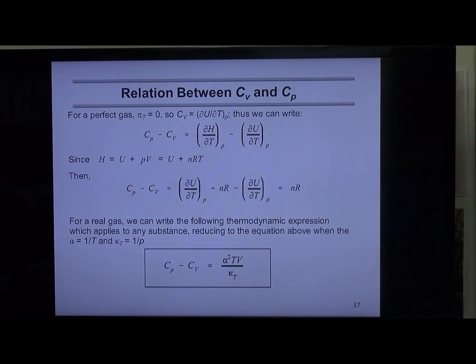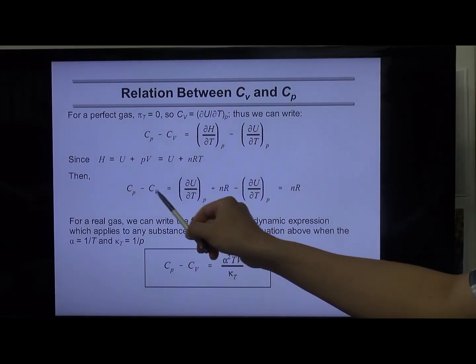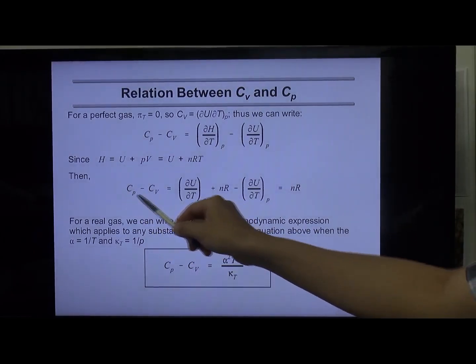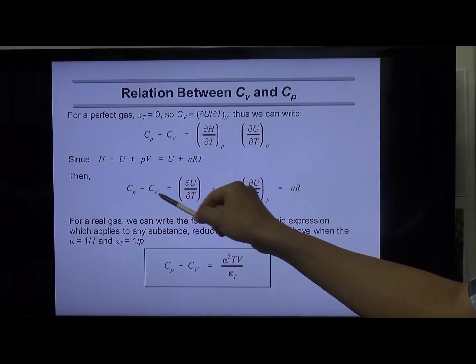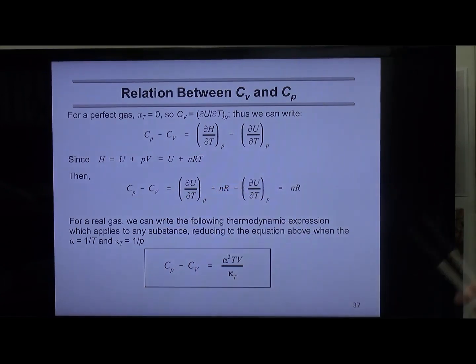Okay, finally, in previous section, you saw that if you compare Cp and Cv, Cp is larger than Cv, remember? How much? This much, for ideal gas. Why? We didn't derive it yet at that time, right?